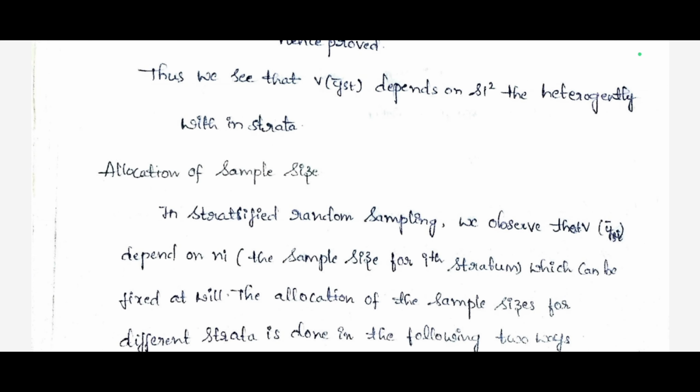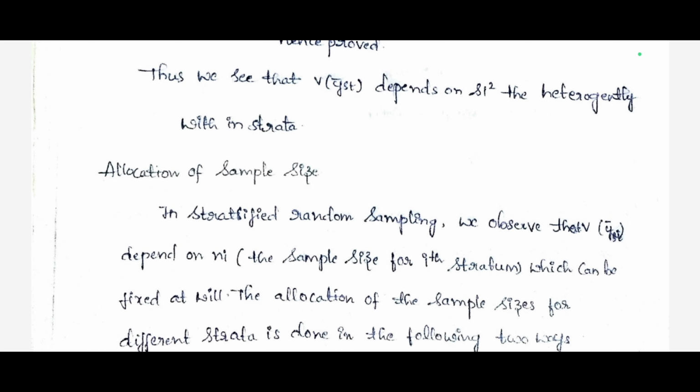Then the variance of y bar of ST is equal to Ni into Ni minus ni of Si square divided by ni. Hence proved. Thus we see that the variance of y bar of ST depends on the Si square value, the heterogeneity within strata.